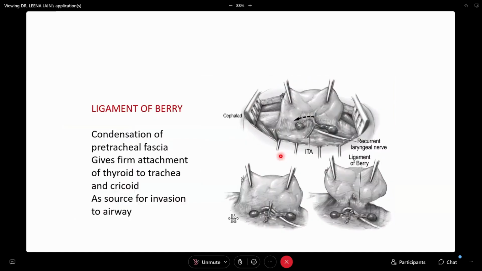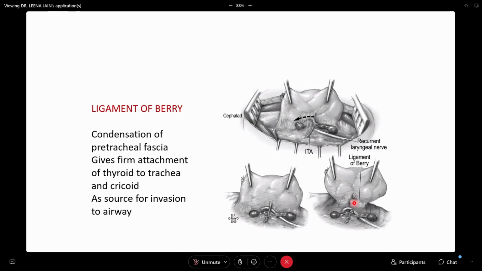Okay. One important structure is your ligament of Berry. This is the condensation that is called the ligament of Berry. It is basically the condensation of the pretracheal fascia itself, and it connects your thyroid firmly to the trachea and to the cricoid. So whenever you are doing the medial rotation of the thyroid, it can cause traction or kinking of the recurrent laryngeal nerve.